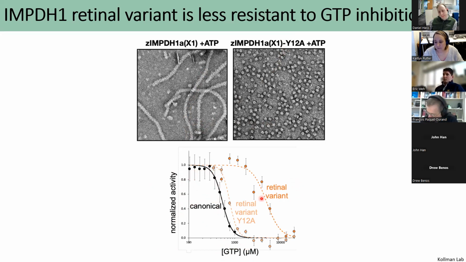However, the retinal variant is able to stay active at higher levels of GTP, but eventually again will become inhibited. And if we engineer this mutation that breaks filament assembly, we lose that GTP sensitivity or inhibition sensitivity. And so perhaps IMPDH being in a filament erroneously can cause it to be more active when it shouldn't be.